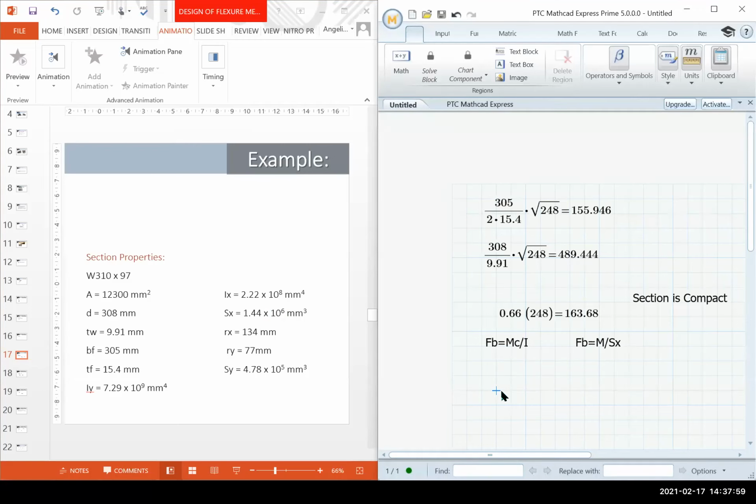We have FB 163.68 times SX, 1.44 times 10 raised to 6. Now, ang lalabas ditong sagot is naka-Newton millimeter. So, divide natin yan ng 10 raised to 6.